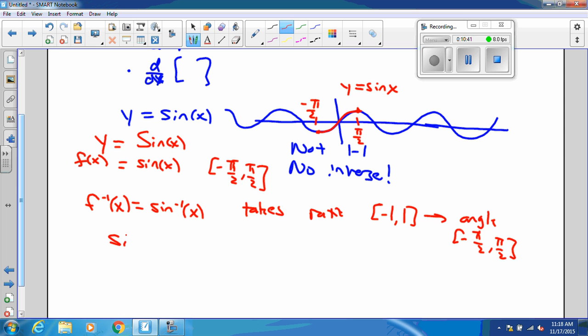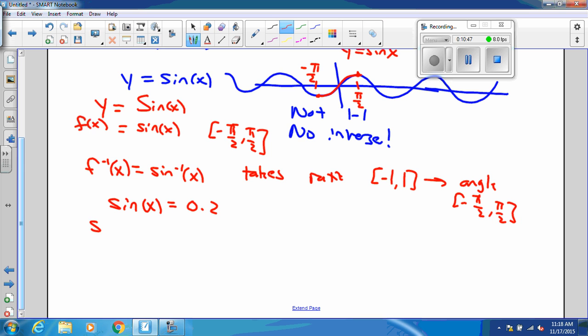In the same way, if I have an equation, sine of x equals 0.2, I can take the inverse sine of both sides, and on the left-hand side, boom, inverses cancel, because that's what inverses do.